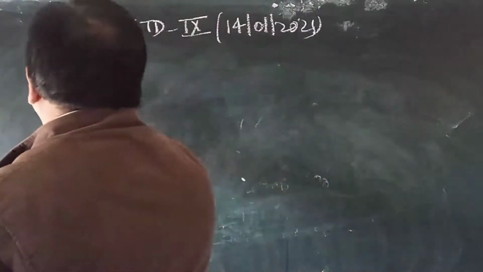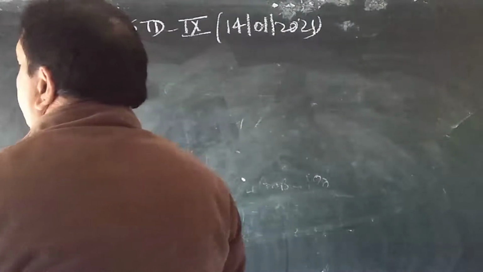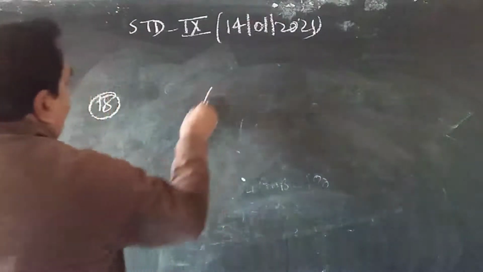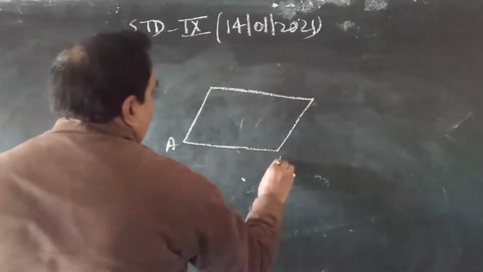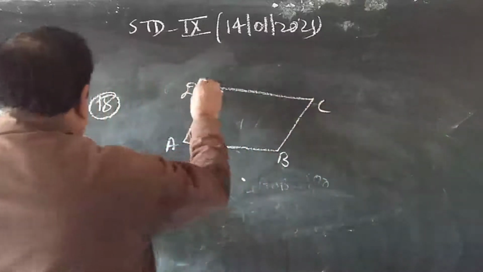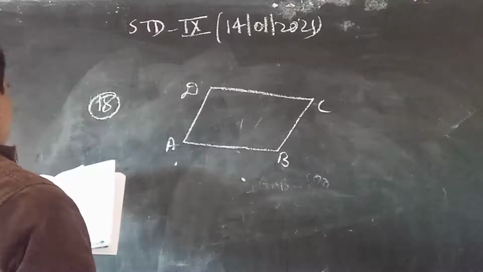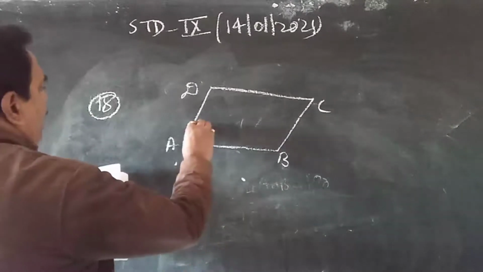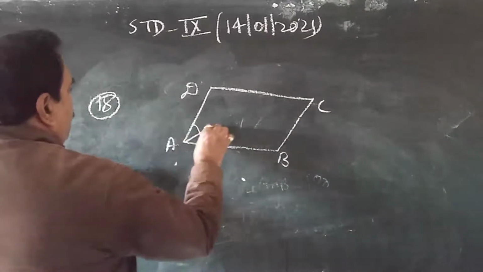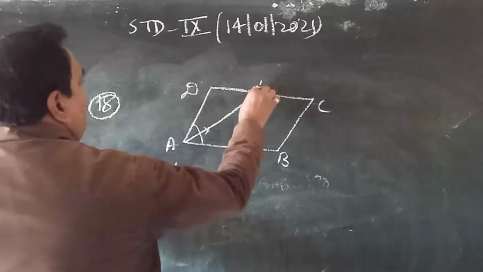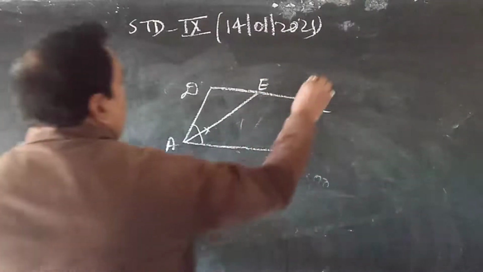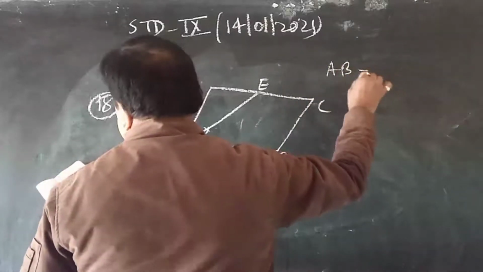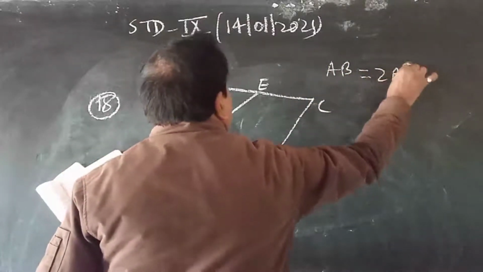Question number 18, see here. In a parallelogram ABCD, the angle bisector of angle A meets DC in E, and AB is equal to twice AD.